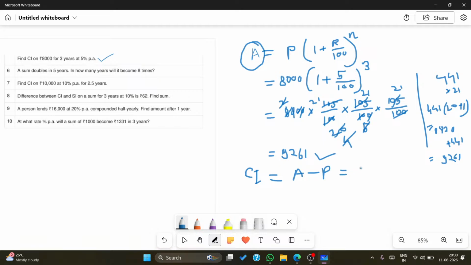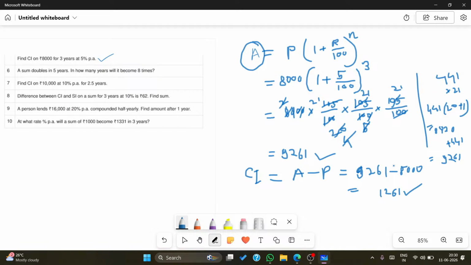CI is equal to 9,261 minus 8,000, which will be 1261.